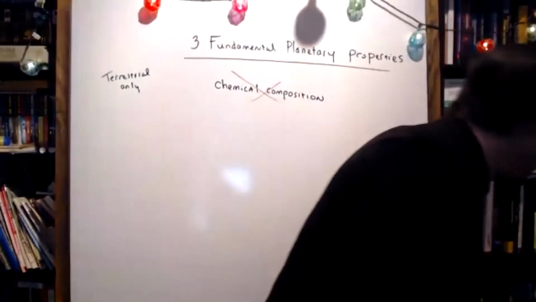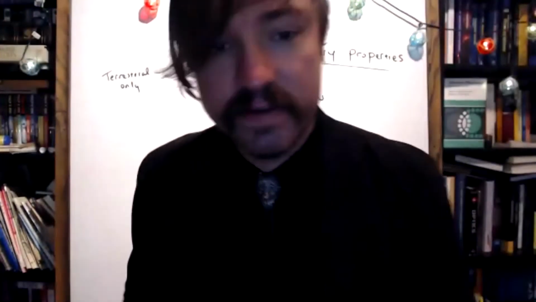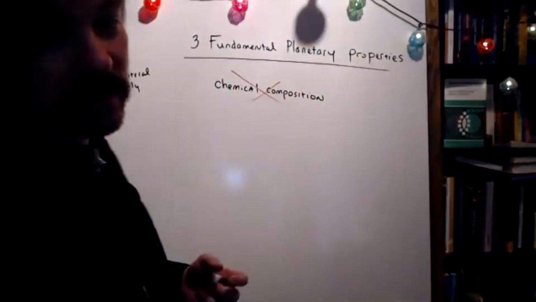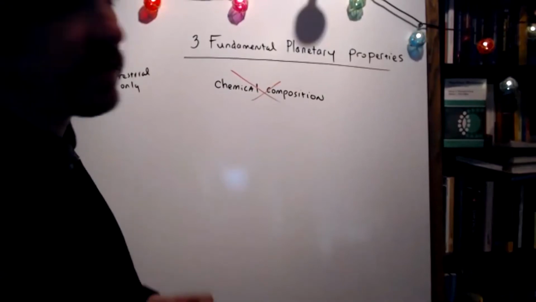So what are the ingredients that make up a terrestrial planet? Would one of them be metal? Metal is one of them. And what's the other one? Rock. Yeah, rocks and metals. That's why chemical composition is not a fundamental planetary property.